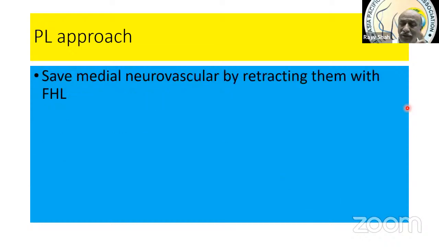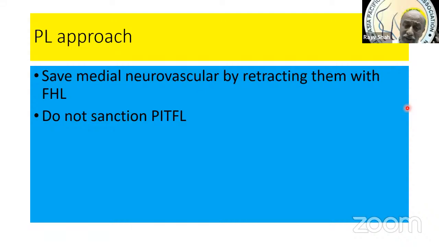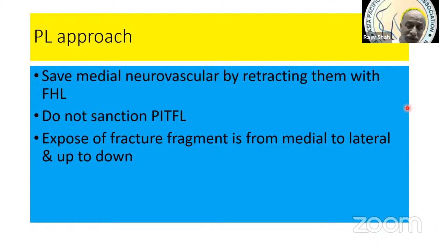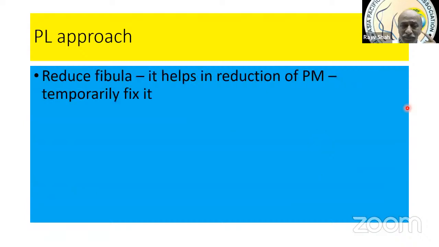Medial neurovascular structures should be saved by retracting them with FHL. We should be watchful that we do not slip PITFL. Exposure of the fracture fragment is from medial to lateral, from up to down, and fracture interdigitations will guide you for the reduction, with dorsiflexion as the reduction maneuver.